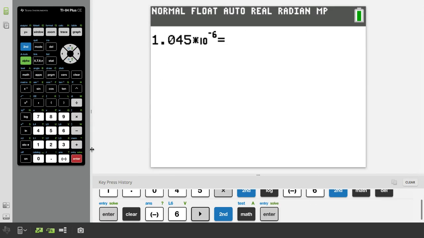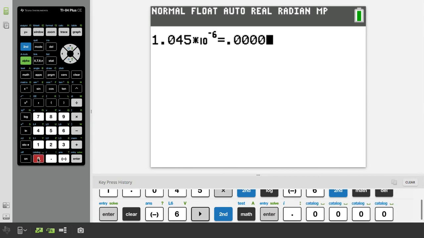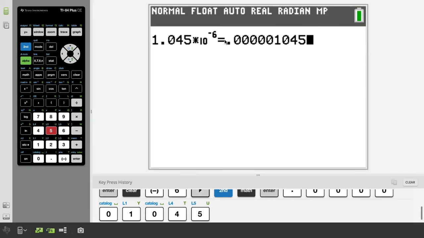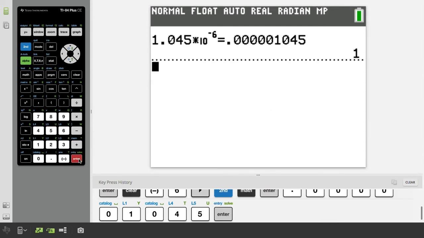And now I'm going to type in my answer, 0.000001045. This was what they gave me. This is what I changed it to. So I'm going to hit enter. If it gives me a 0, I got it wrong. If it gives me a 1, I got it right. And look at that, I got it right.